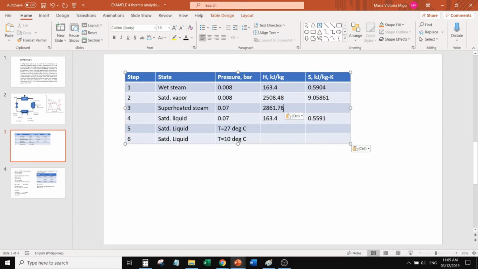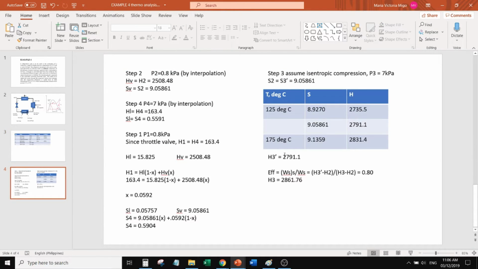Now we solve for S3. Since we have the actual H3 and we have the pressure, we can use it to interpolate S3.